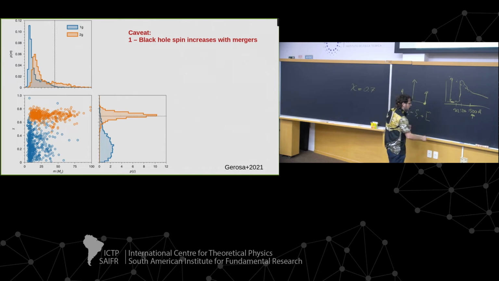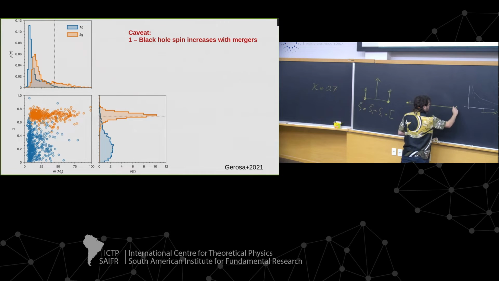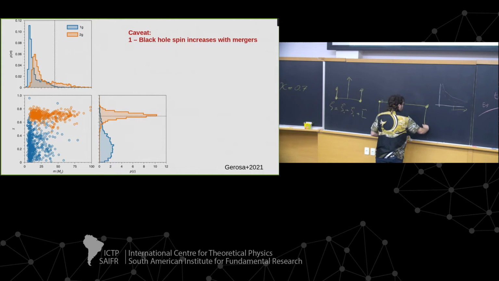While if you have this other scenario, if you have anti-aligned spins, so if the spins point on the opposite side with respect to the angular momentum of the orbit, the plunge will happen much earlier. So let's say that this is the moment of the plunge, and it will happen much earlier.